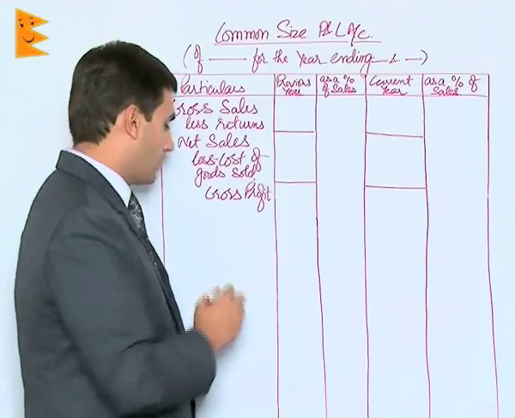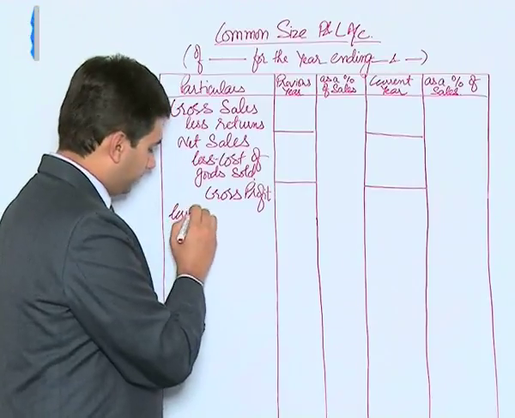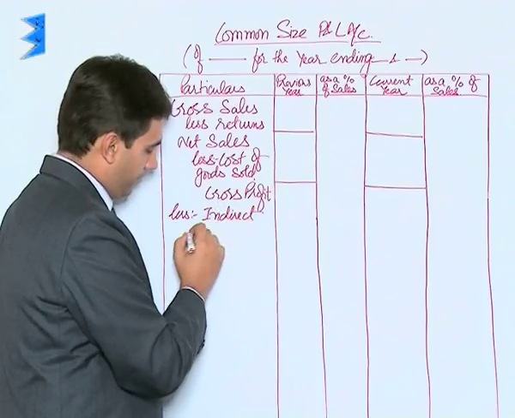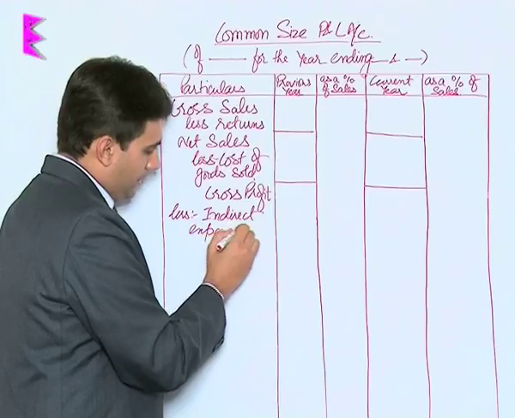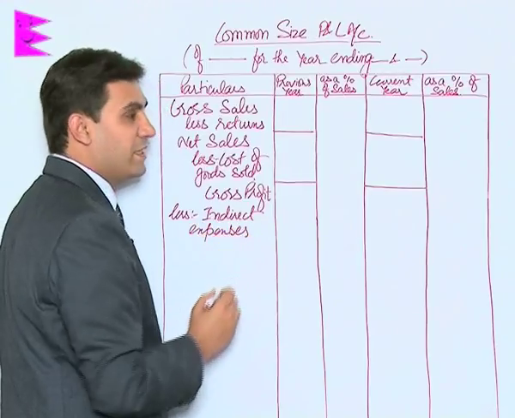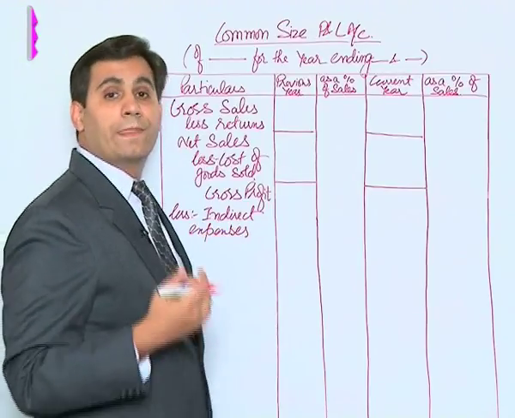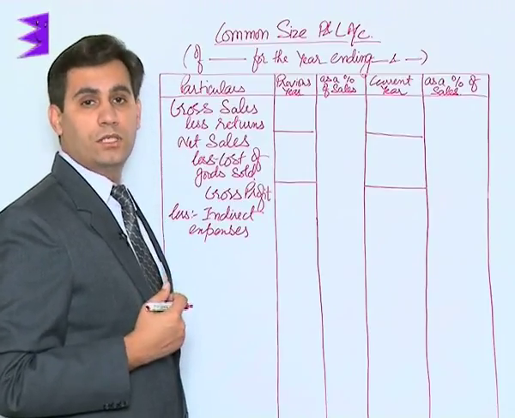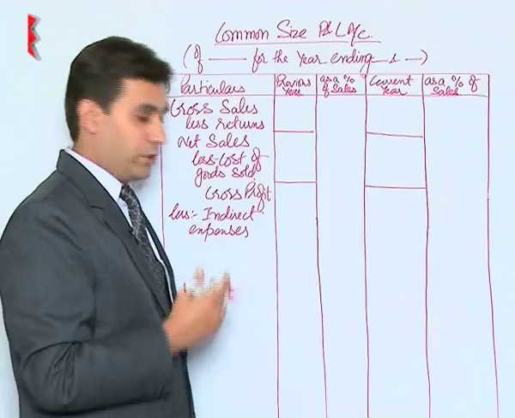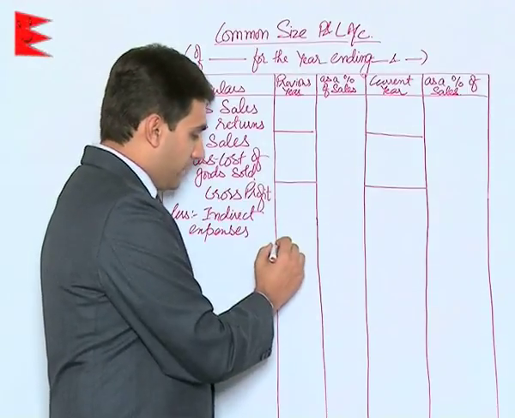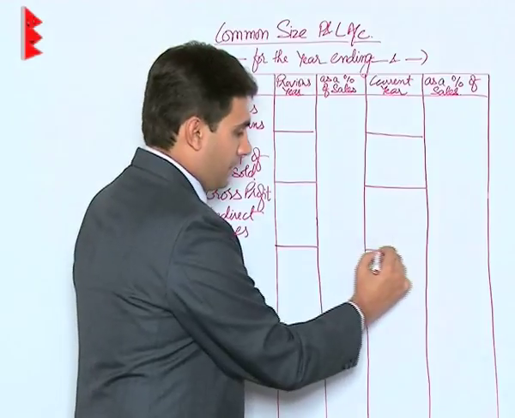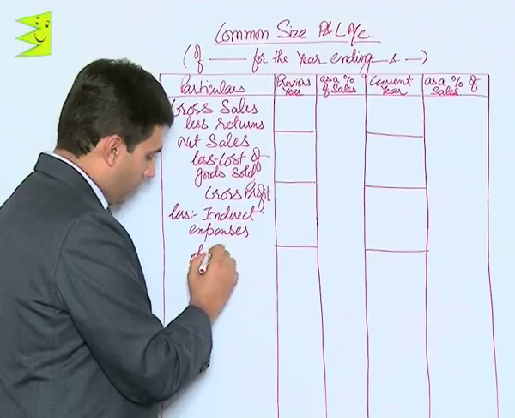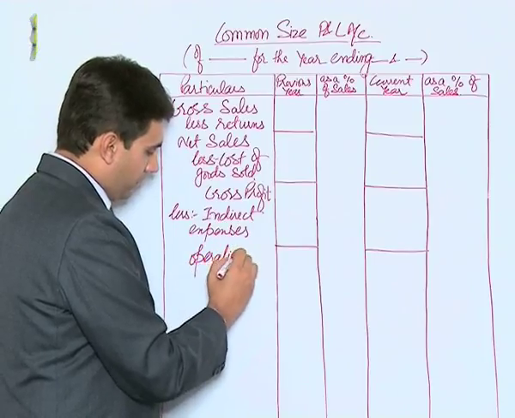Then out of this gross profit, we will deduct any kind of indirect expenses. Remember, these indirect expenses can be given separately also, like office and administration expenses, selling and distribution expenses, and so on. So all the indirect expenses would be subtracted and we will get operating profit.